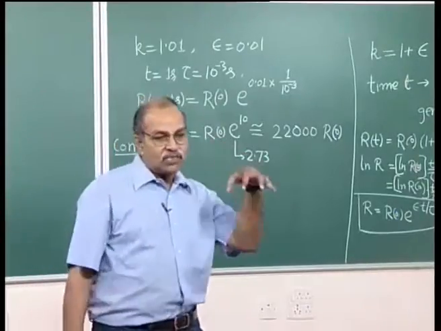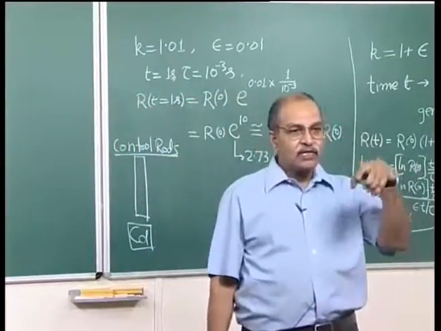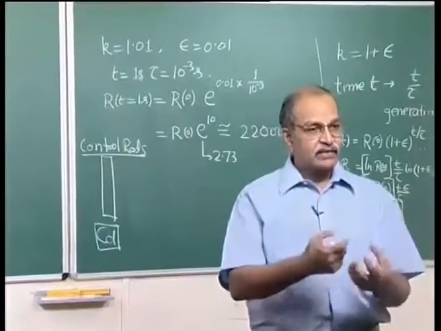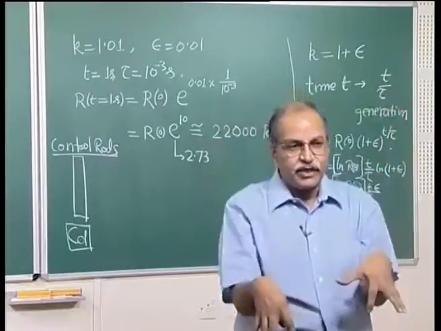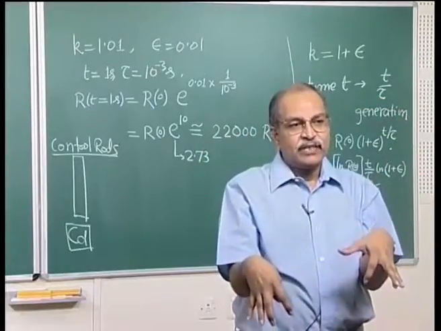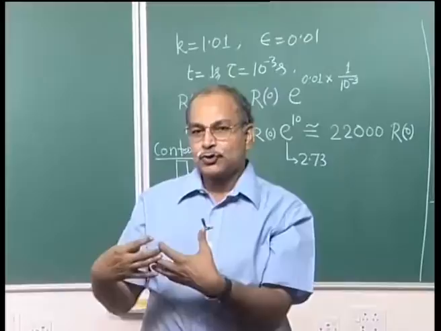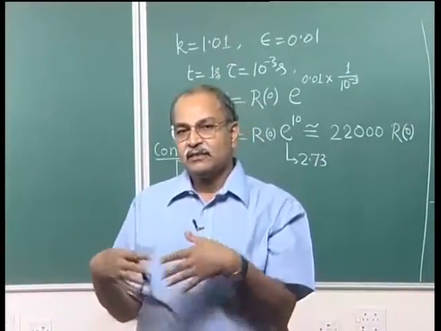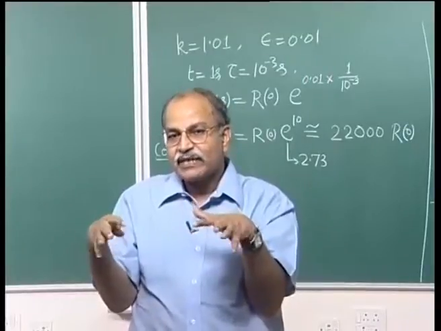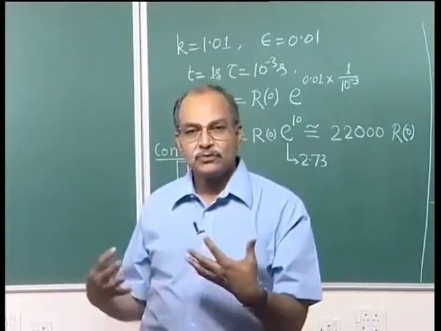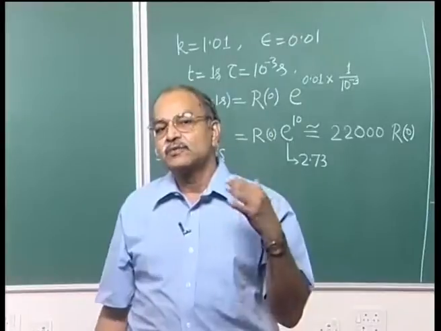So, these rods are put in the core, and the fuel rods are separated, and these control rods can just go in between. So, when you want to slow down the reaction, these control rods are pushed inside, so that they start absorbing more neutrons and the rate goes down.